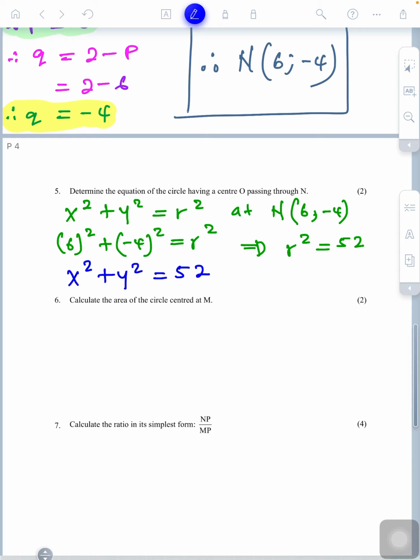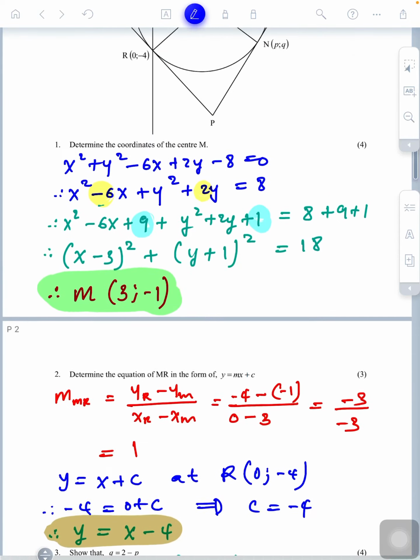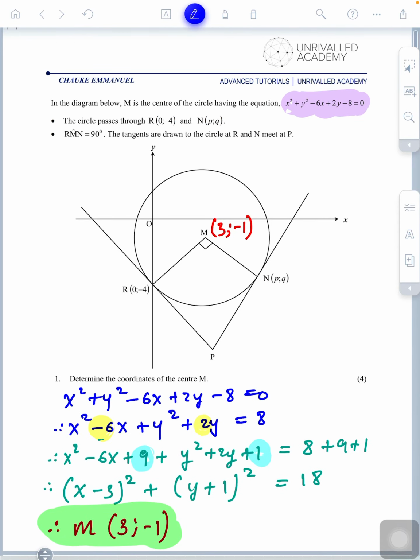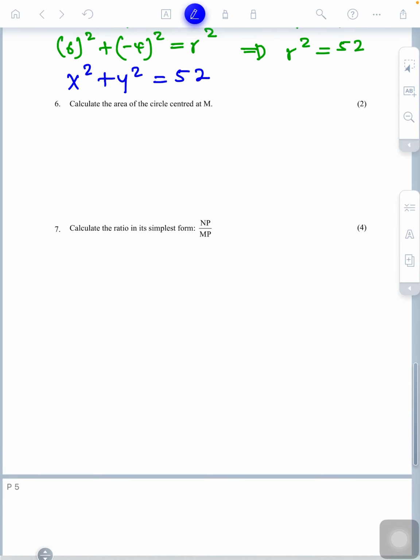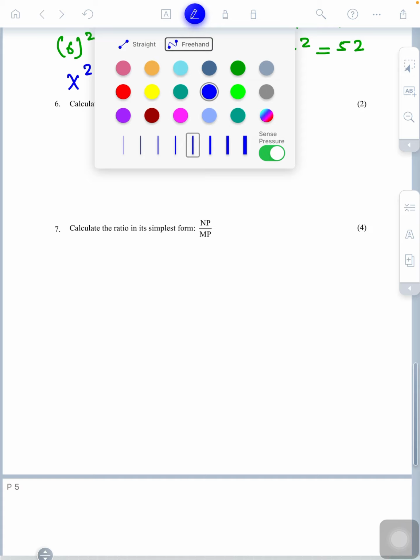And then now we're saying to you guys, calculate the area of the circle centered at M. We want to get the area of the whole circle centered at M. So I'm going to ask you now, how do you find the area of the circle? You are going to write the formula for the area of the circle.